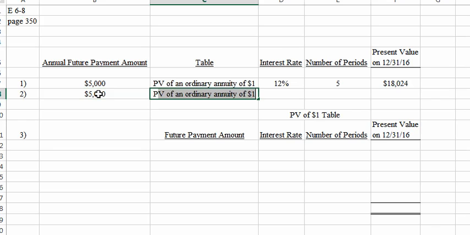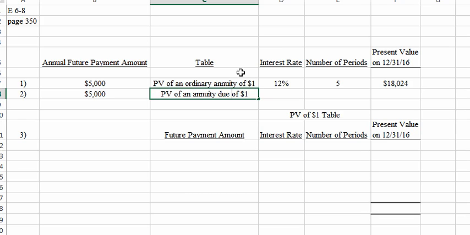This time, though, we go to present value of an annuity due of $1. That table, present value of an annuity due of $1.